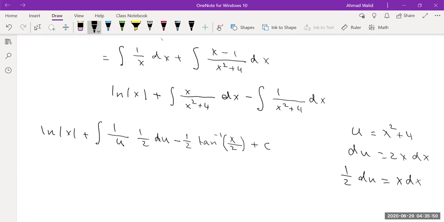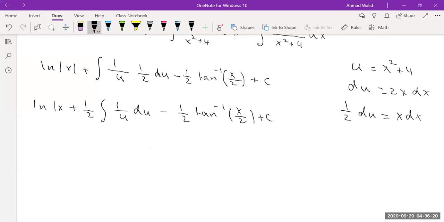Now let's simplify this part. Then ln absolute value of x plus, you can put 1/2 in the front, 1/2 integral of 1 over u du, minus 1/2 tan inverse of x over 2 plus c. Now, what is the integral of 1 over u? The integral of 1 over u definitely will be ln absolute value of u.